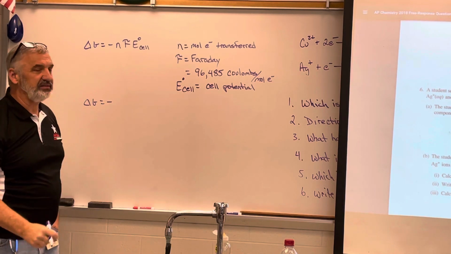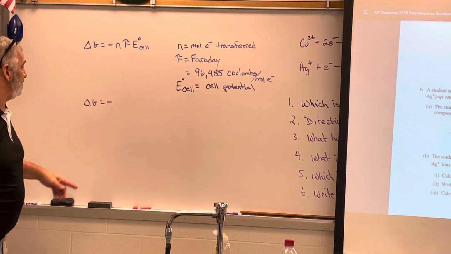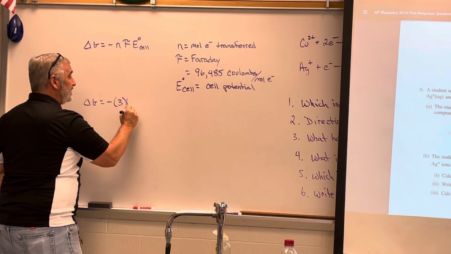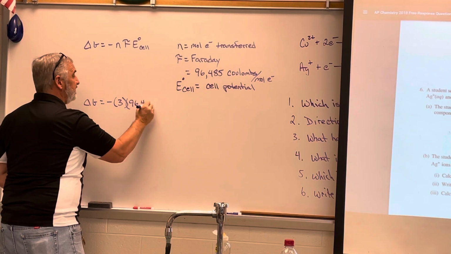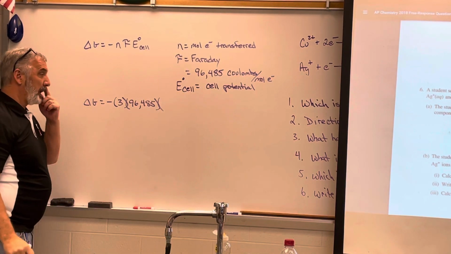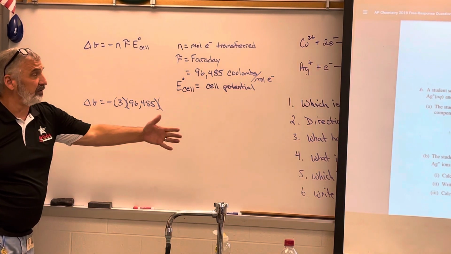What's n going to be in this equation? It's going to be 3, so it's negative times 3 times 96,485 times my E cell. And what do we calculate the E cell to be? It's 1.54, right?